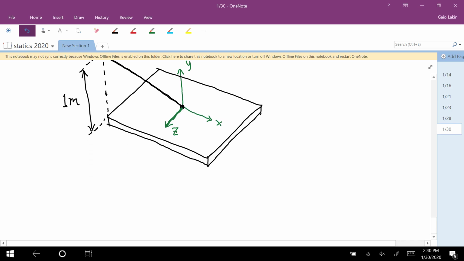And then the size of this plate is 2 meters in both dimensions. So 2 meters that way, 2 meters that way.